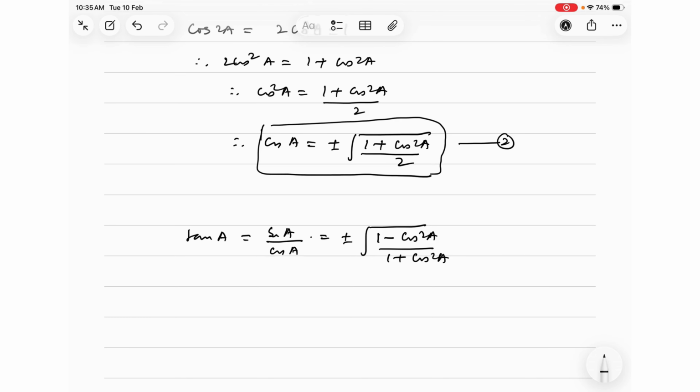This is your third result: tan A is equal to plus or minus root of (1 minus cos 2A) by (1 plus cos 2A).